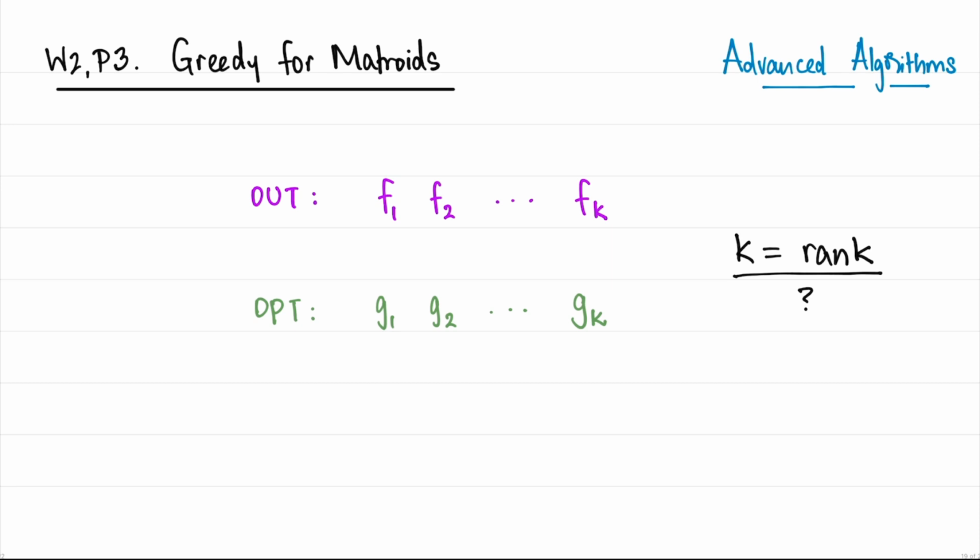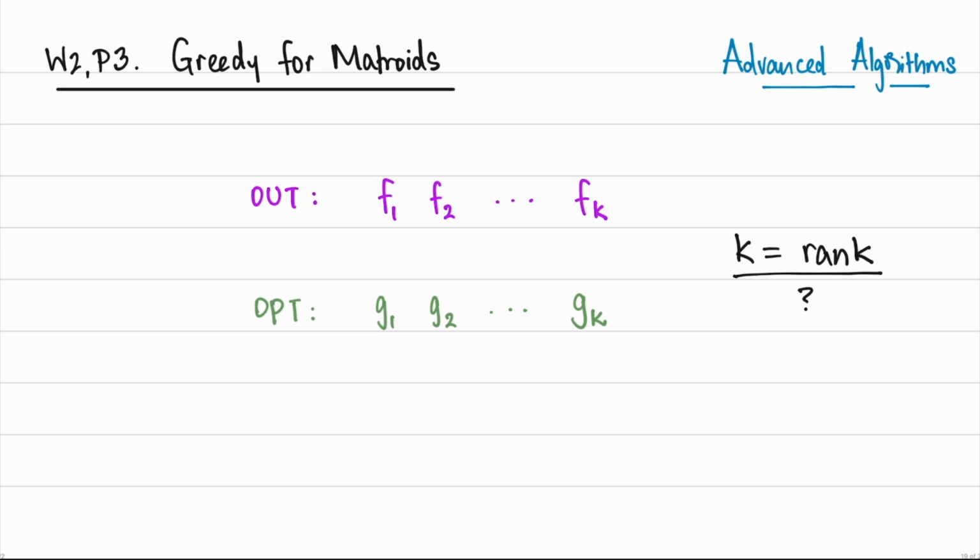And since greedy by design always outputs something in the family, the number of elements it has is at most the rank. Similarly, the optimal solution also is constrained to only output sets from F. So as far as opt is concerned, it can also not output more elements than the value of the rank.